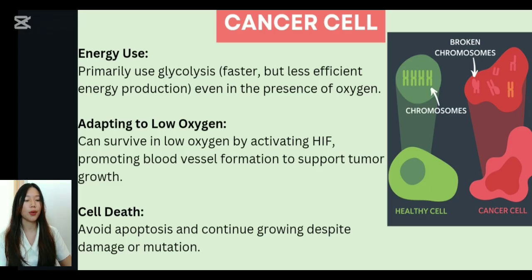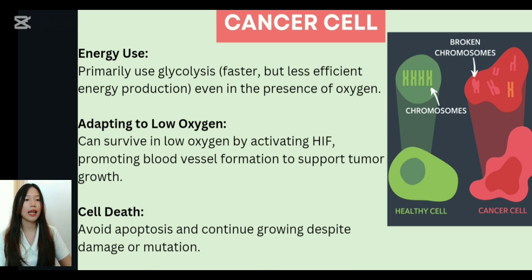Next is adapting to low oxygen. So, cancer cells can survive in low oxygen by activating HIF, promoting blood vessel formation to support tumor growth. Ayan. Unlike kanina, si normal cells naman hindi niya kaya mag-adapt ng low oxygen. So, kailangan i-process siya ng oxidative phosphorylation by ATP, no?